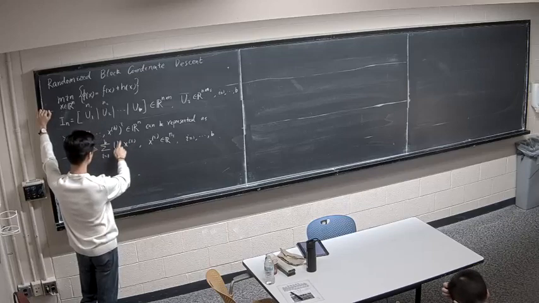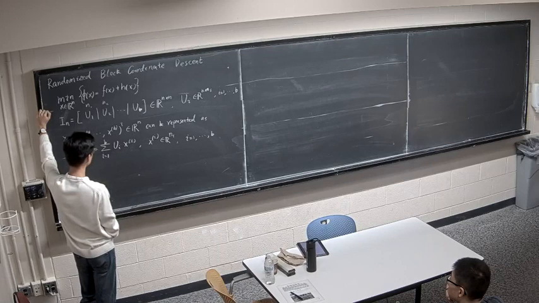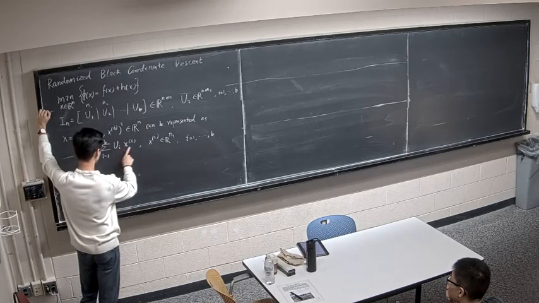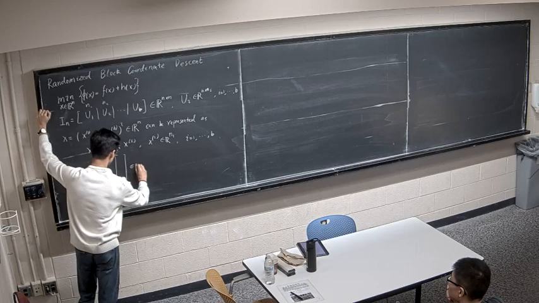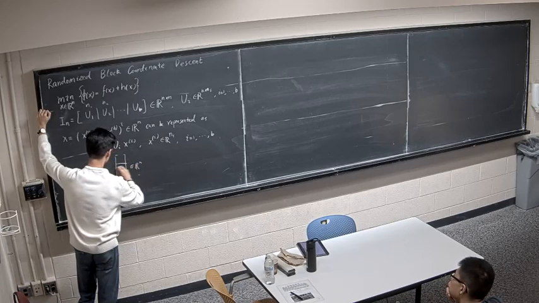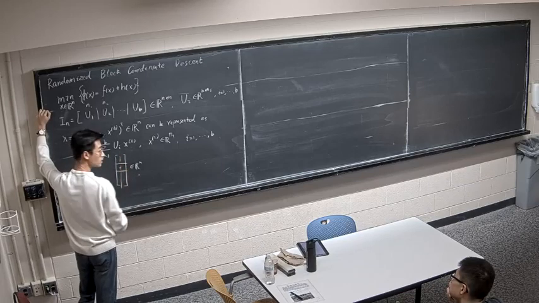So this is an Rn vector, but it is only non-zero in the ith block. Ui times xi is again a long vector in Rn, but only the ith block is non-zero. Others are just zero.